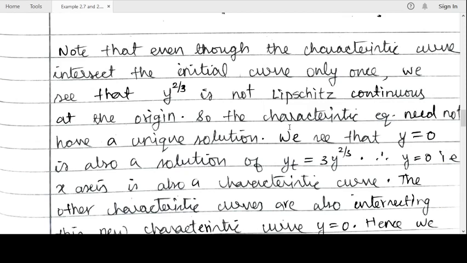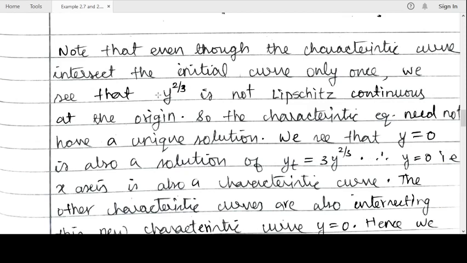The reason is that this ODE does not have a unique solution. It has more than one solution, because if you take y_t equal to 3y to the power 2 by 3, y equal to 0 is also a solution for this equation. We did the same problem in ODE when we studied the Lipschitz condition. So these coefficients are not smooth. That is the problem here.